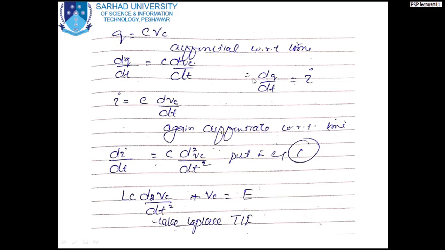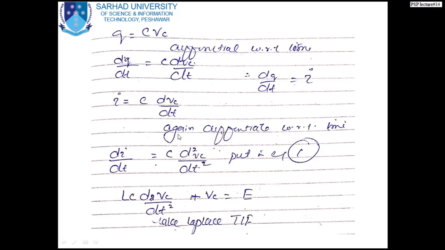You see I is equal to C dV by dt, because the differential of charge with time is current. So I is equal to C dV by dt, that is, the differential of voltage across the capacitance with respect to time. Okay.